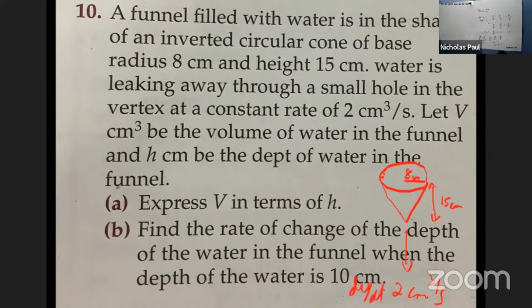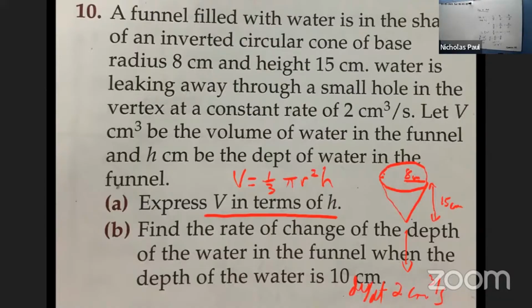So we have that. But we need to get V in terms of h. How are you doing that? What's the volume of a cone? 1/3 pi r squared h. So express V in terms of h, but you don't want r. So what do you do? Substitute r. Copy it down and see what you can do.